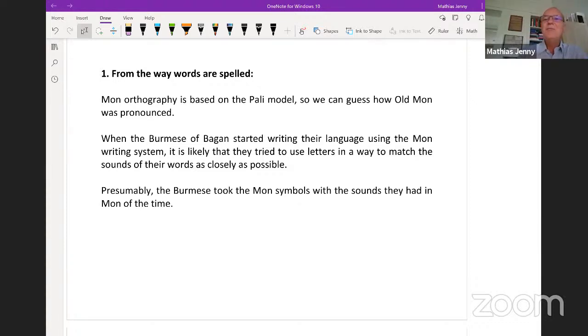So if you start writing your language by taking the letters of another language, you will very probably take the letters of the other language to be as close as possible to the sounds of your language that you want to write. So Burmese at the time listened to Mon, looked at the Mon letters, and started writing their language with these sounds and letters representing these sounds.